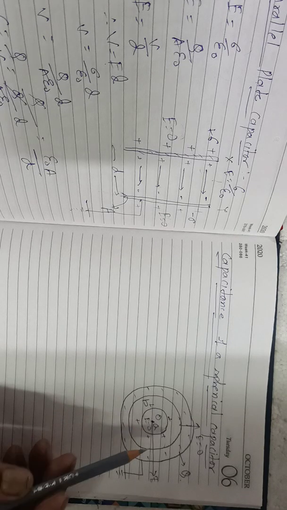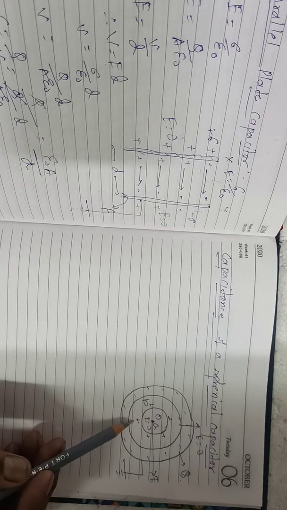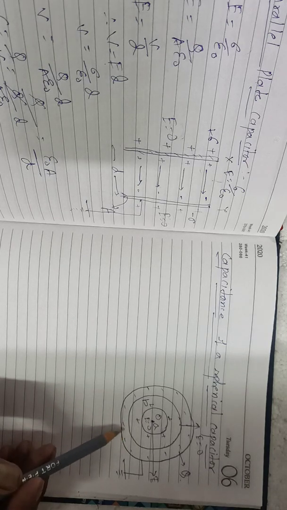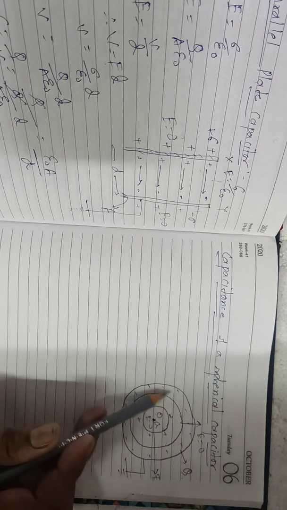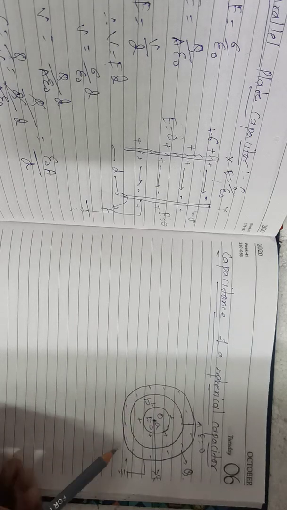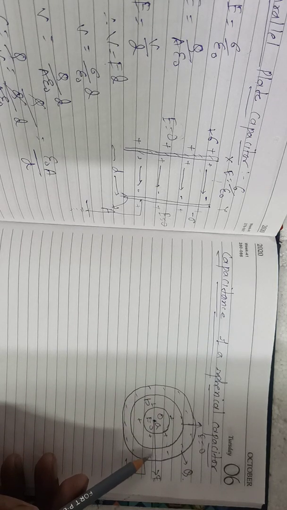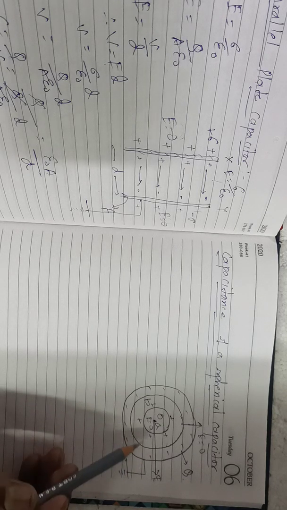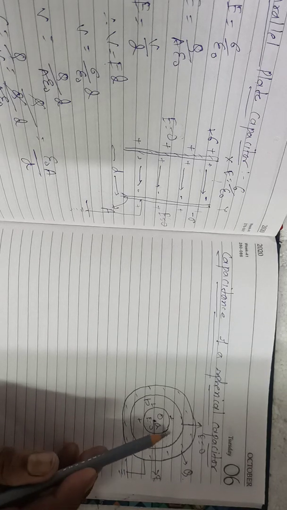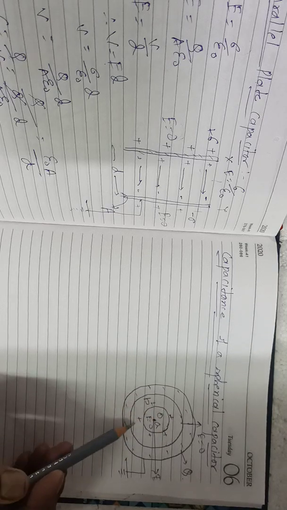Secondly, the field outside the outer shell is also 0, that is E equals 0 for r greater than b. Here also the electric field will be 0. A radial electric field exists between the two shells due to the charge on the inner shell only. In this region the electric field will be there.